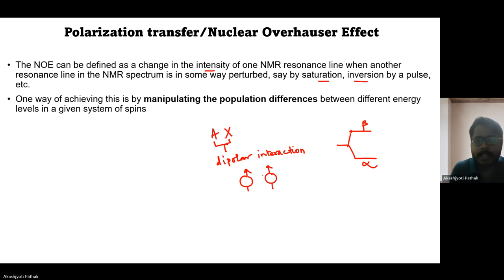Since these nuclei are close to each other and they have comparable, very similar magnetic moments, due to their proximity the nuclear spin of one nucleus gets transferred to the other nucleus.